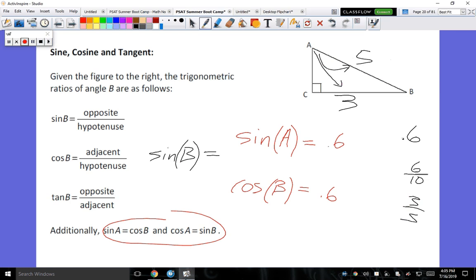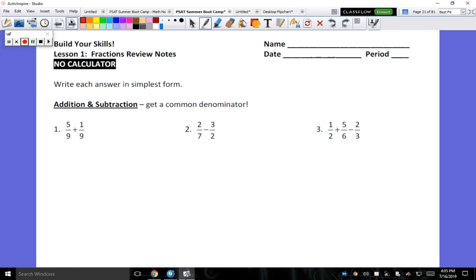Nicely done. So when you do Pythagorean theorem, you recognize that this is a 3, 4, 5 right triangle. I know it's not drawn to scale. They won't ever be. But if you wanted to find the sine from where angle B is at, which is opposite over hypotenuse, it'd be 4/5. Nicely done. Alright, so let's move on.